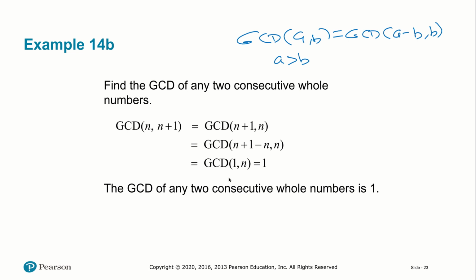So in this case, this right here plays the role of A minus B, and n plays the role of B. And of course, what is n plus 1 minus n? That's just 1, right? So it's going to be the GCD of 1 and n, and regardless of what that whole number is, the GCD of 1 and any whole number is just going to be 1, right? So this is a nice proof that the GCD of any two consecutive whole numbers is 1.